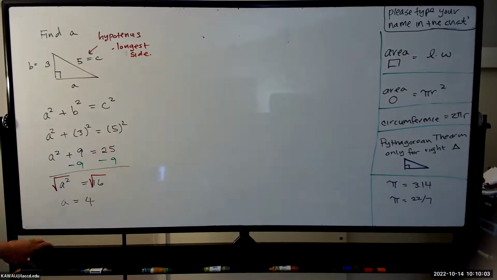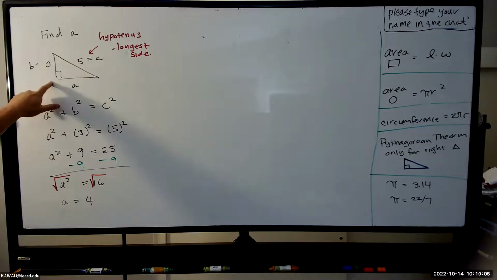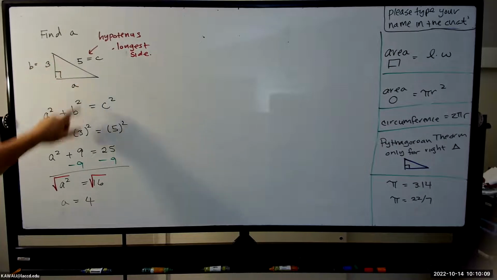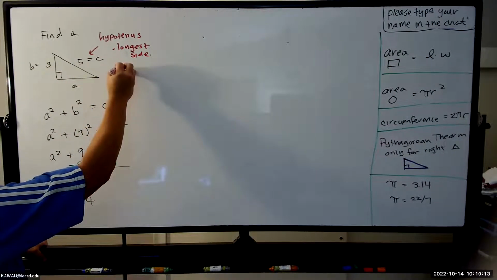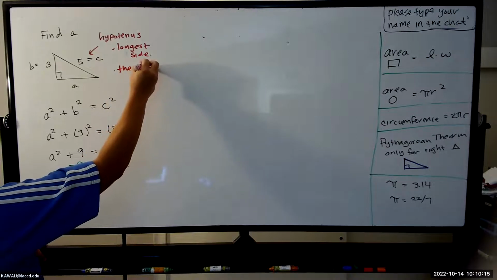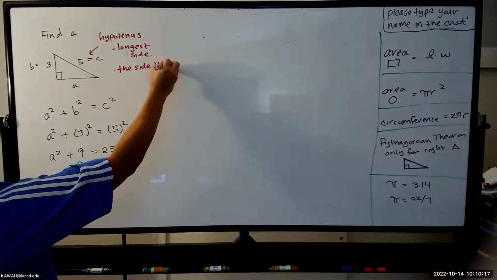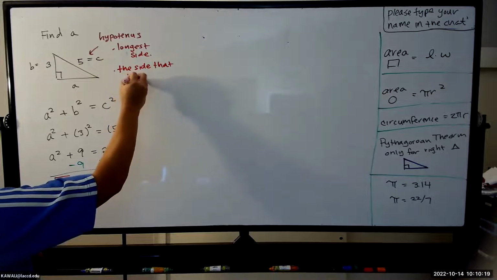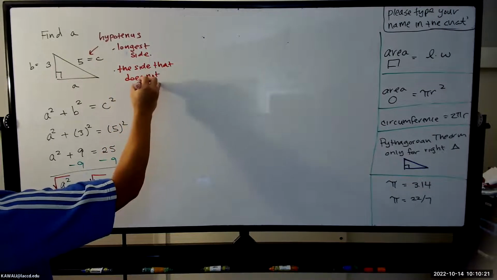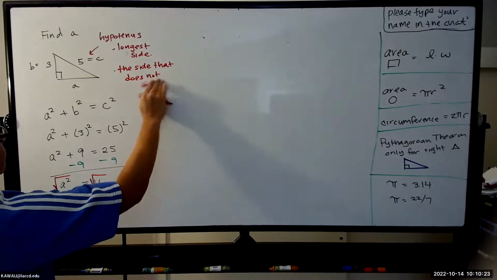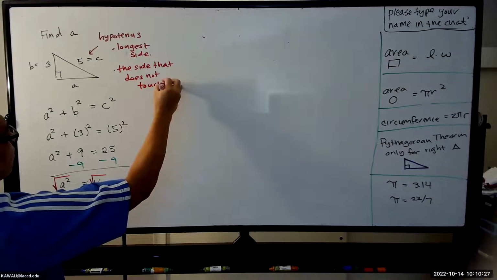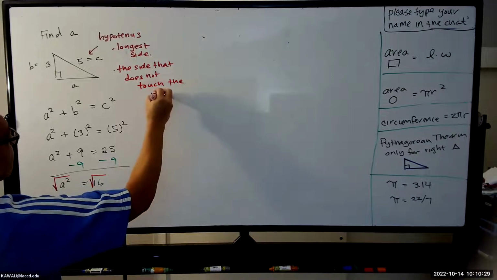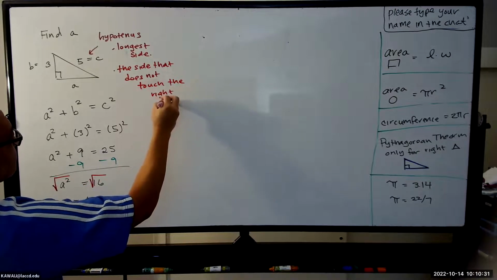Now sometimes they'll say that this is the side opposite the right angle. Opposite means that it doesn't touch the right angle. So this is the side that does not touch the right angle.